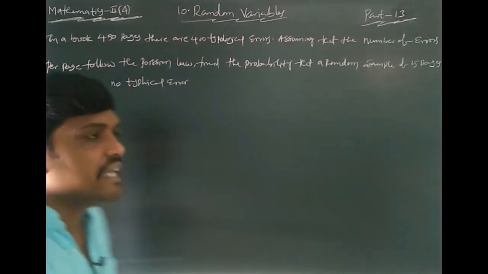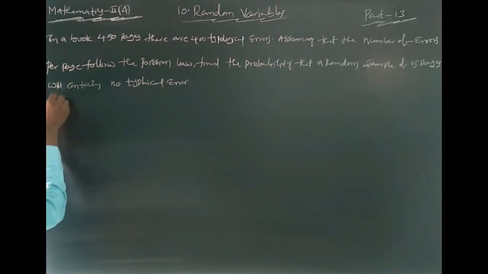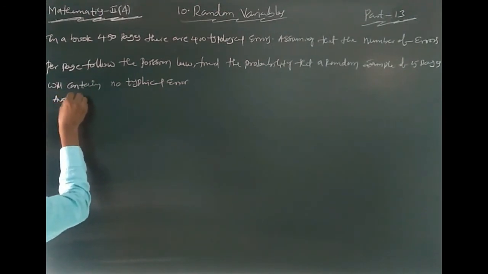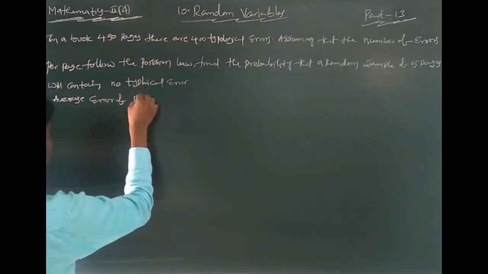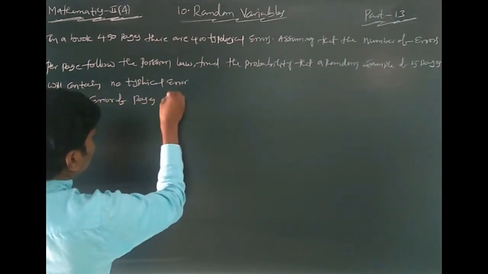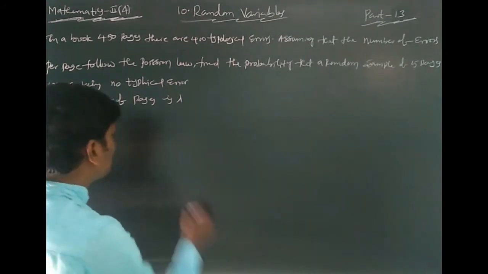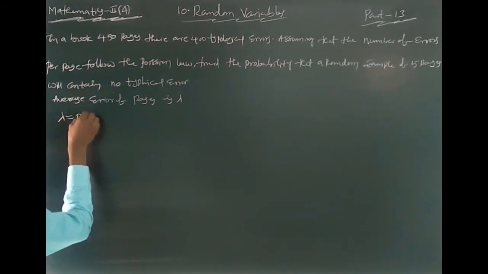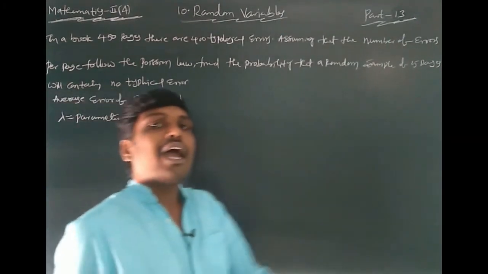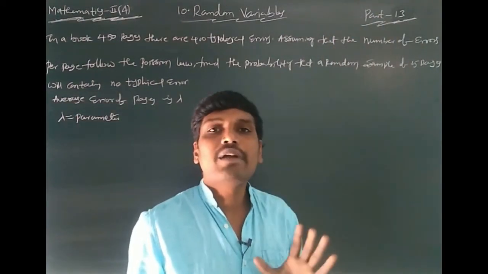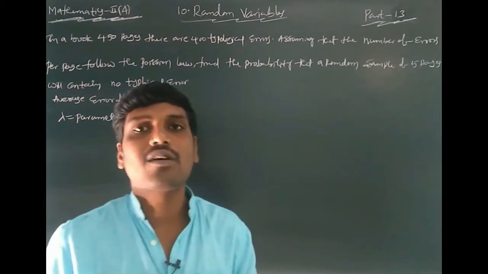First you can find lambda. Here the average number of errors per page is lambda. Lambda is the parameter. In the average, typographical errors is called lambda.